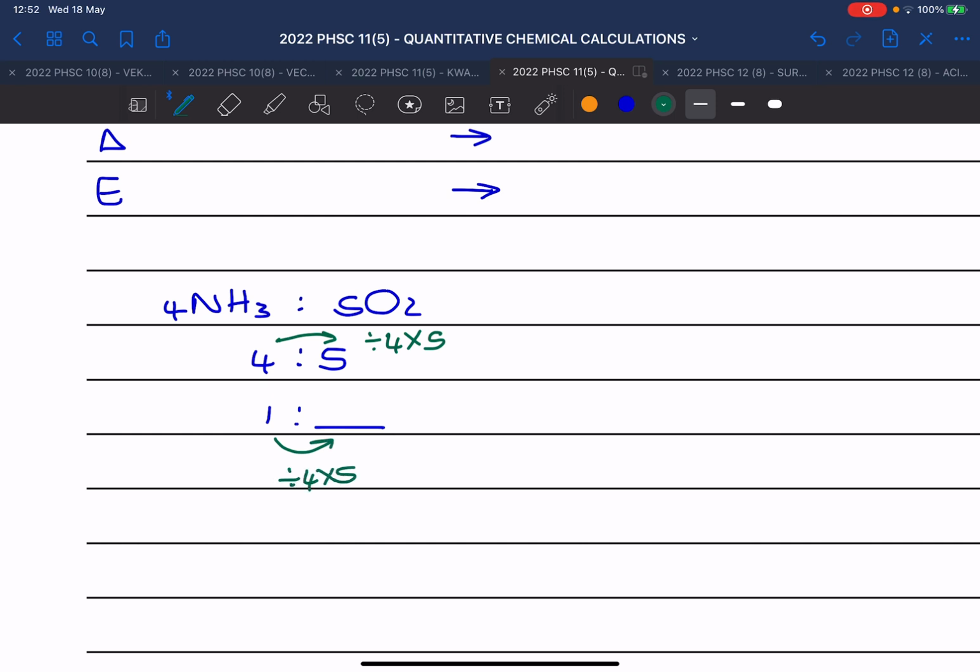So 1 divided by 4 times 5 gives us what? Should be easy. You say with your calculator in front of you. Yes, Liakwe? 1.25.